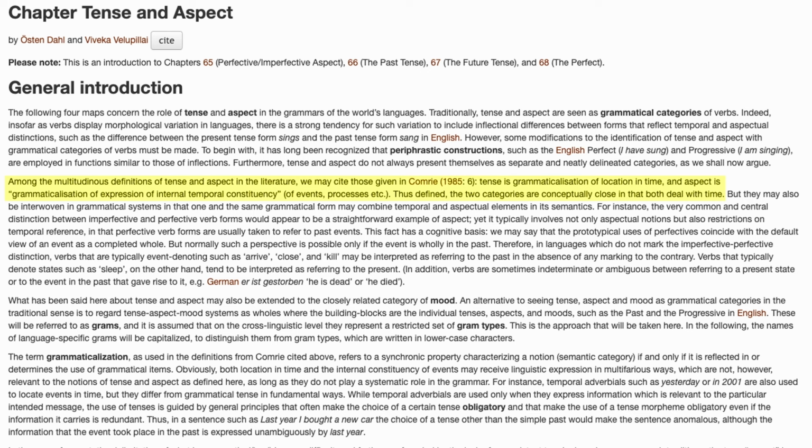Tense is grammaticalization of location in time, and aspect is grammaticalization of expression of internal temporal constituency of events, processes, etc. Thus defined, the two categories are conceptually close in that both deal with time."